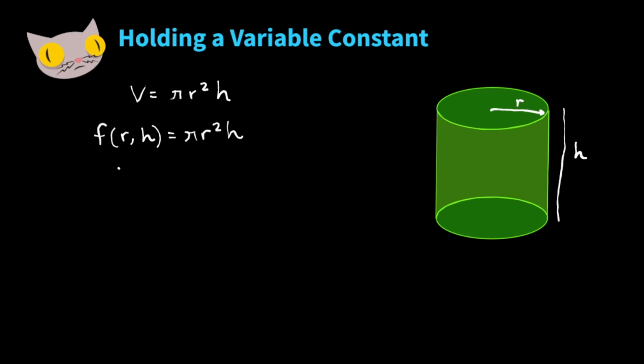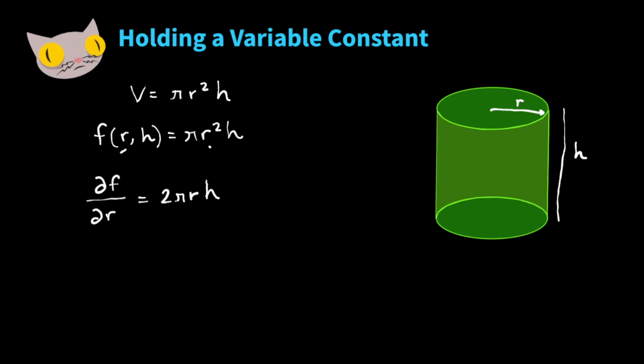Let's take the partial derivative with respect to r. So we'll have del f del r will be equal to 2 pi r times h.